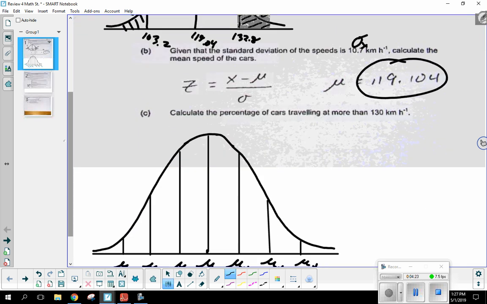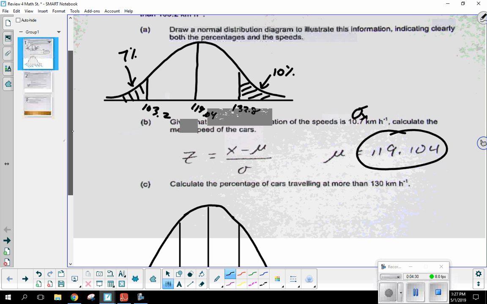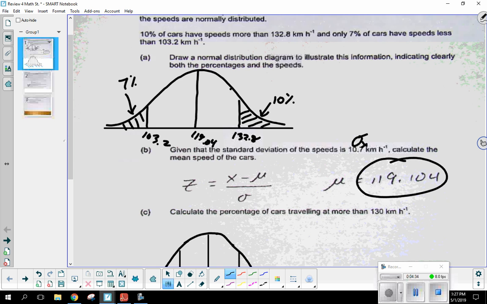I'll show you that in just a second, but if I'm looking at the graph, actually I'll go back up to this one since I've already got it drawn. It says 130 kilometers per hour, so let's say that might be right about here. I'm looking for the percent of cars that are going to be traveling faster than 130 kilometers per hour. Yes?